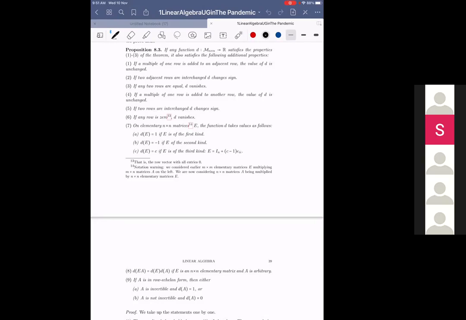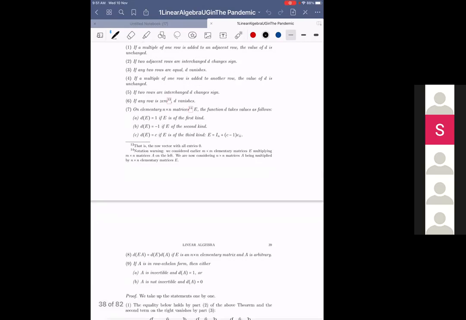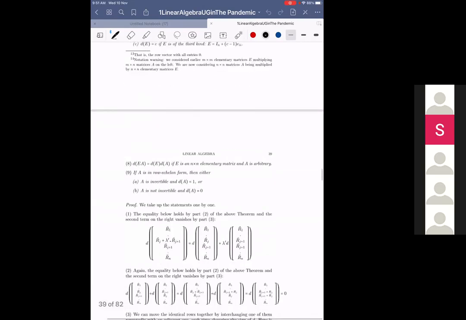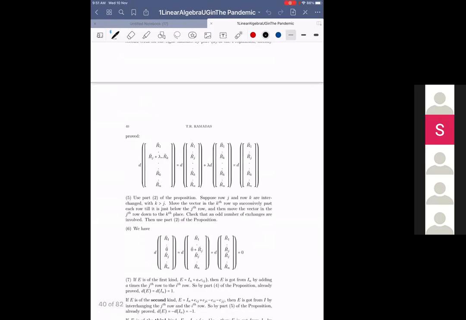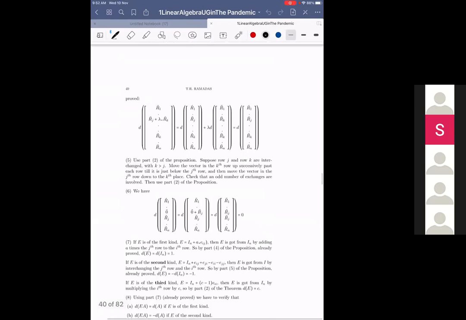There are no questions, so I'm assuming I can go ahead. Very good. By the way, you are supposed to read these proofs carefully because I will assume that you know the techniques and the arguments.